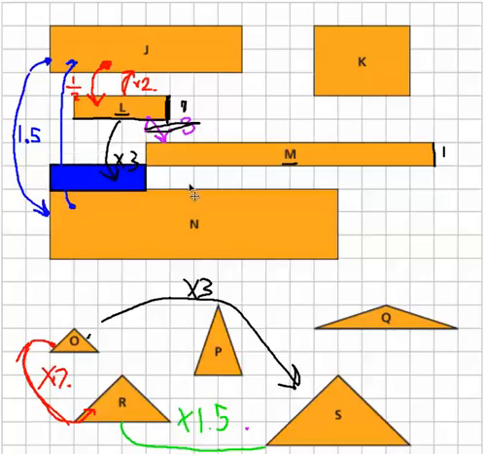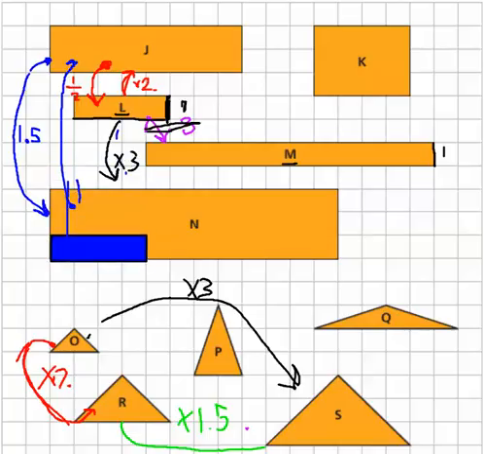So, for L and N, up here it said that the scale factor was times 3. And so you can see here that the side length times 3 gets you 3 on this side, and then this is 4.